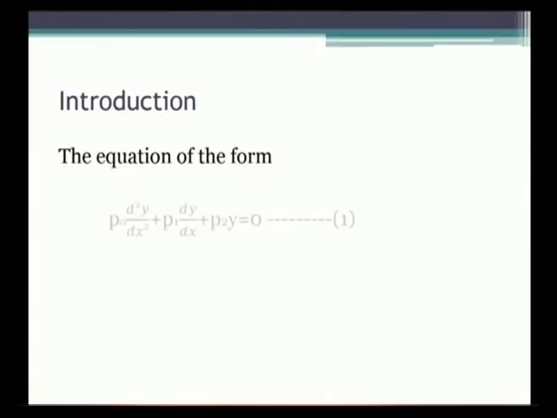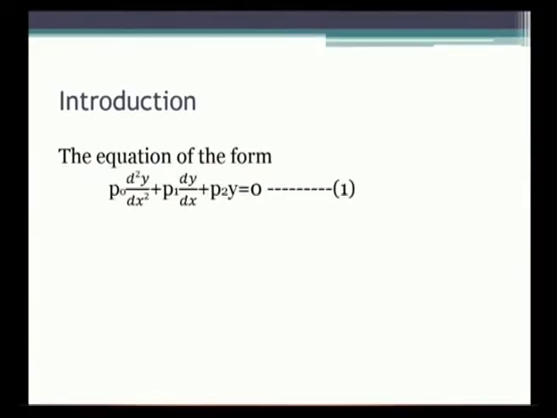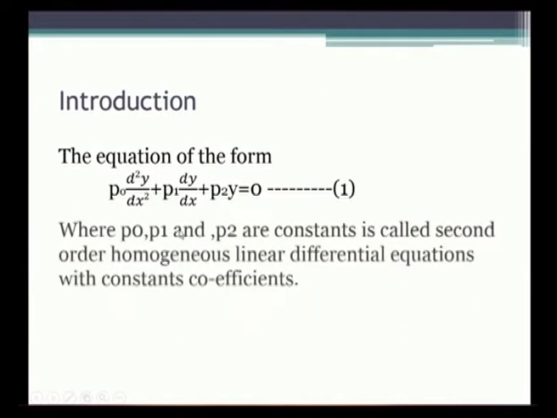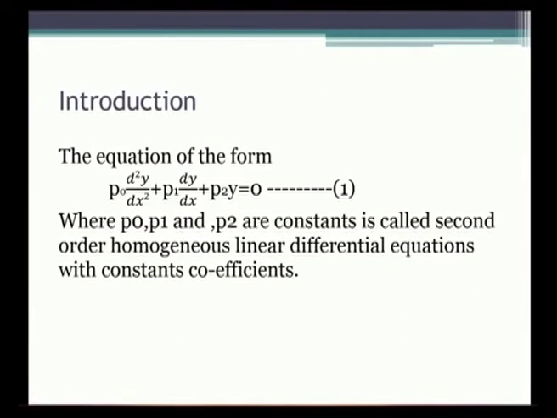Introduction. The equation of the form P0 d square y by dx square plus P1 dy by dx plus P2 y is equal to 0 is a second order homogeneous equation. In this equation, P0, P1 and P2 are all constants.